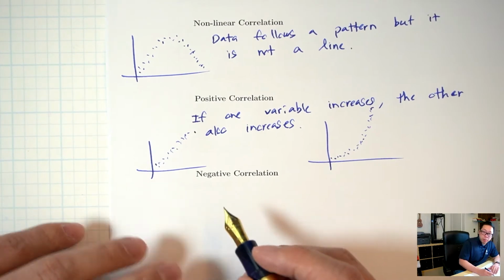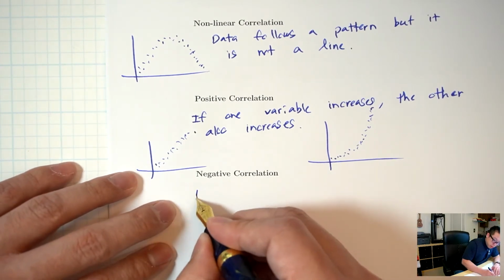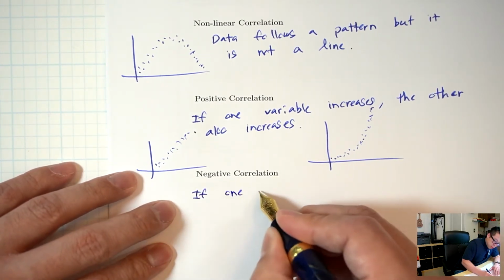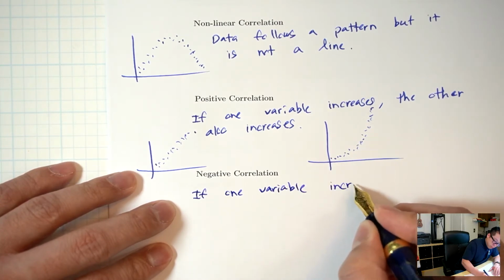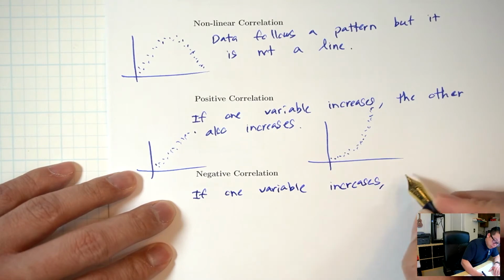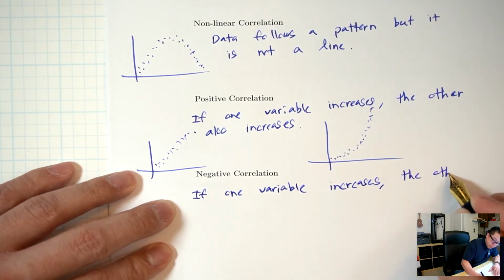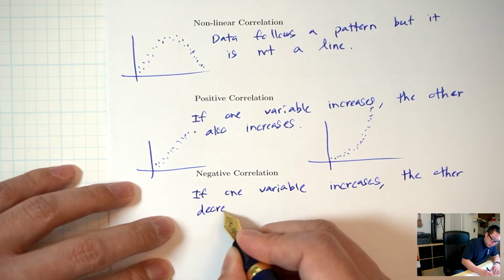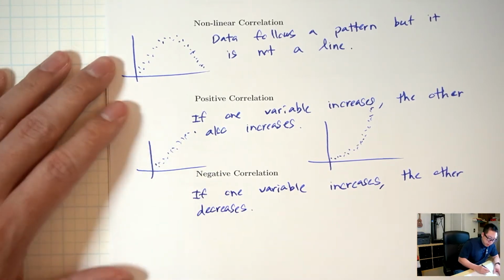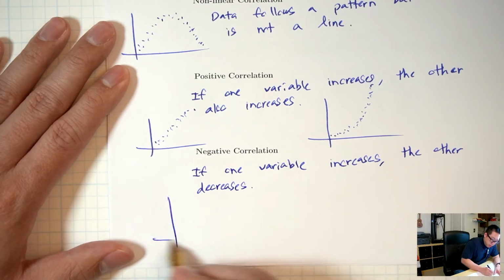Negative correlation means that if one variable increases, the other decreases. Okay, some pictures here.